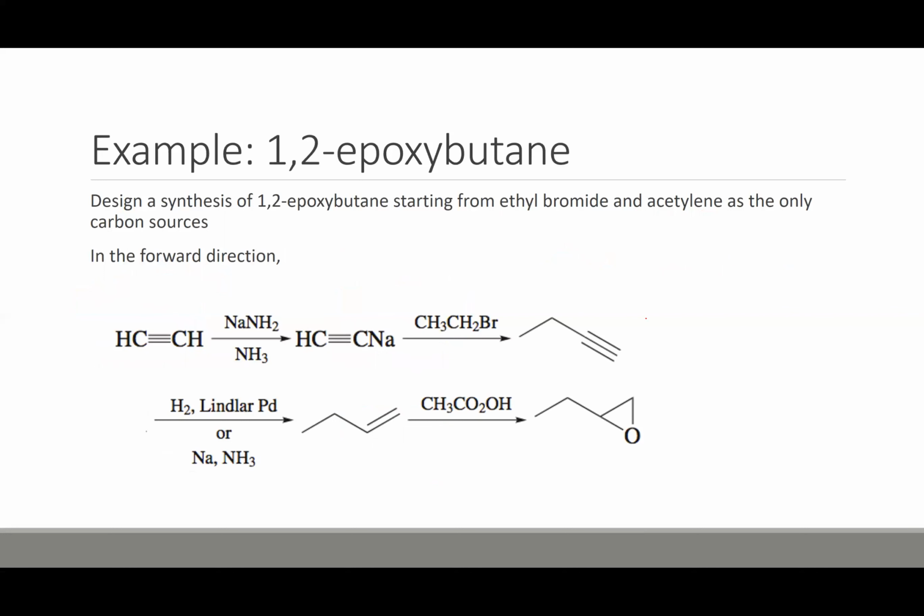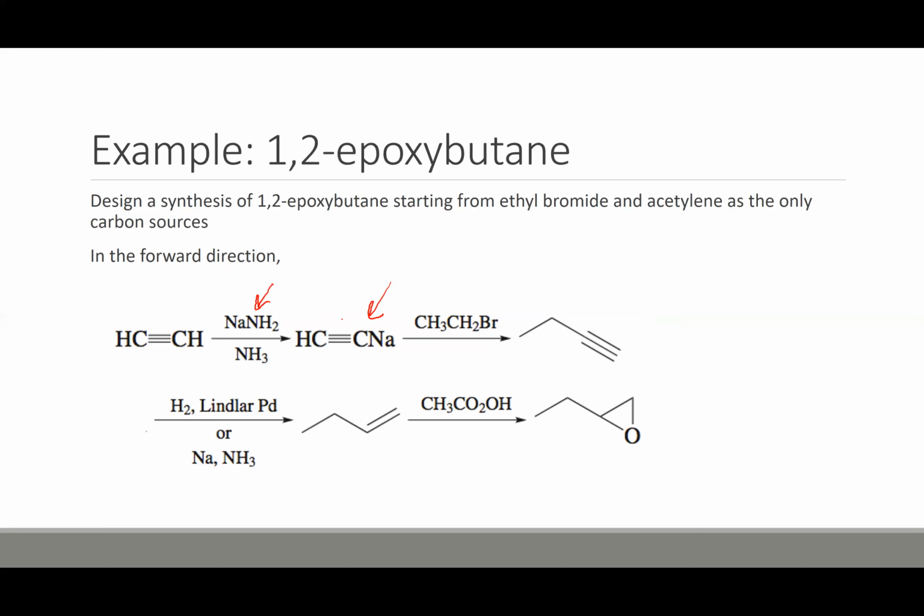So let's think about then the process going forward on how to go from that triple bond to our final epoxide, now that we know each of the points to go through. We'll start with our acetylene and use a strong base to remove that proton to make an acetylide ion.